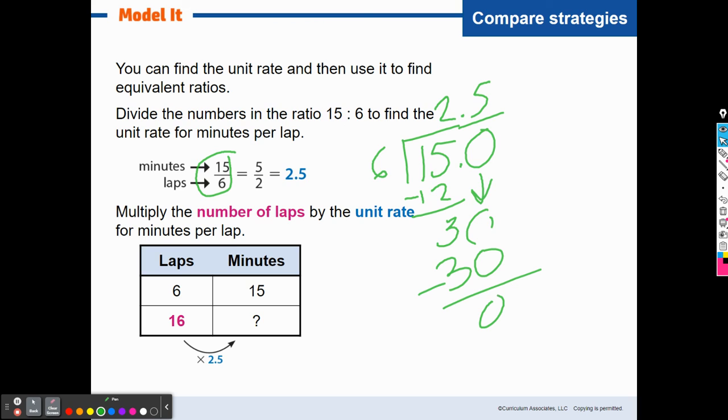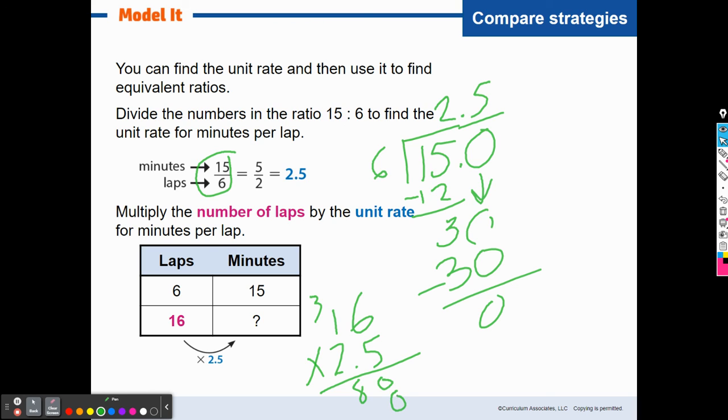So I know that it's 2.5 or 2 5/10 minutes for one lap, and I want 16 laps. So I want to multiply that, which we also just did in the previous problem, right? And we said that 5 times 6 is 30, 0. Regroup your 3. 5 times 1 is 5, plus 3 more is 8.